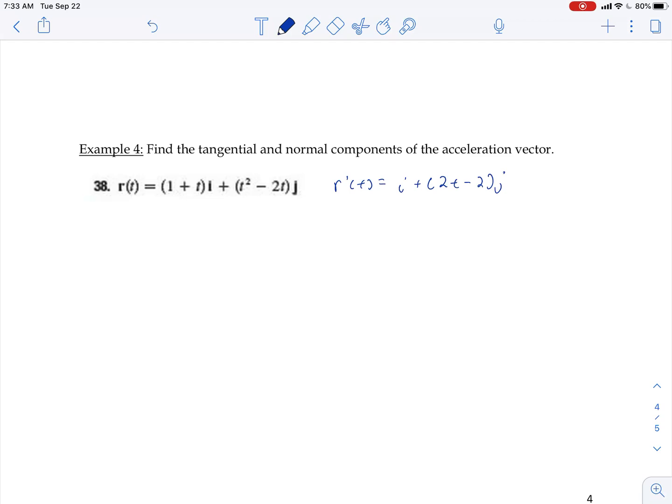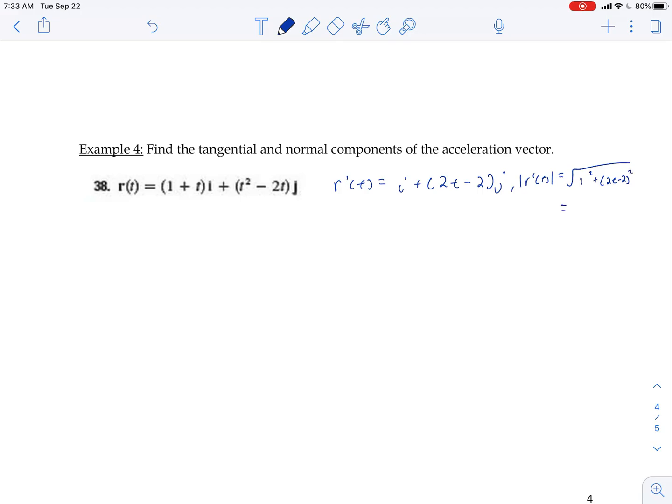Let's also find the magnitude of that. The magnitude of r prime of t is going to give us the square root of 1 squared plus 2t minus 2 squared.